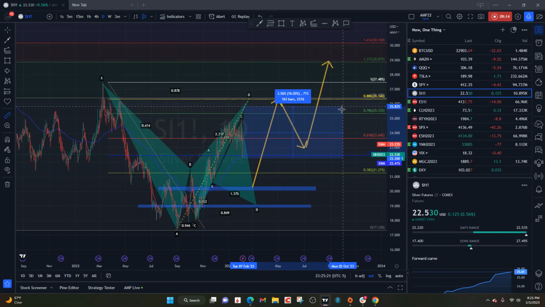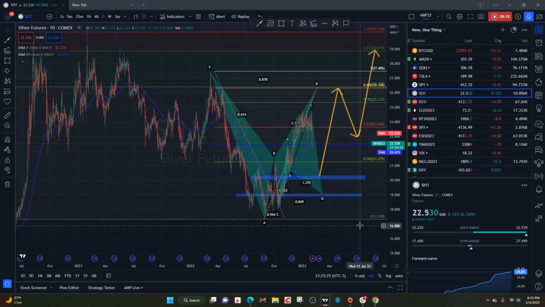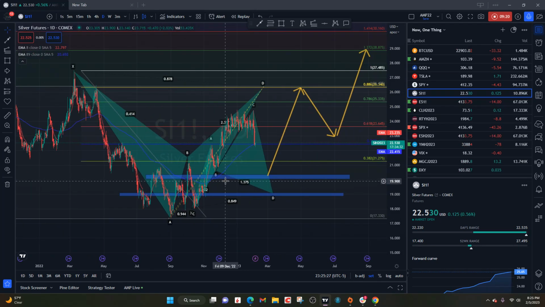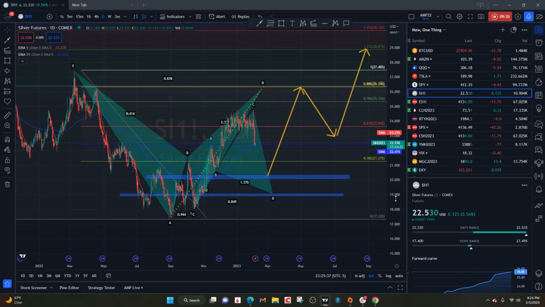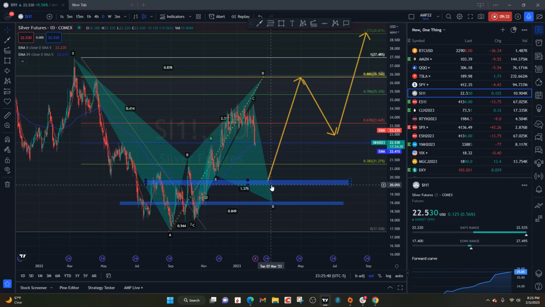So that's kind of what you want to be thinking about: connecting patterns, always looking left to find structures, and then really considering what you're looking for, important fib levels, and always changing time frames to find structure around those levels. And then understanding where your stop losses are and how to manage your trade by taking profit and moving your stop loss to entry and enjoying the free ride.